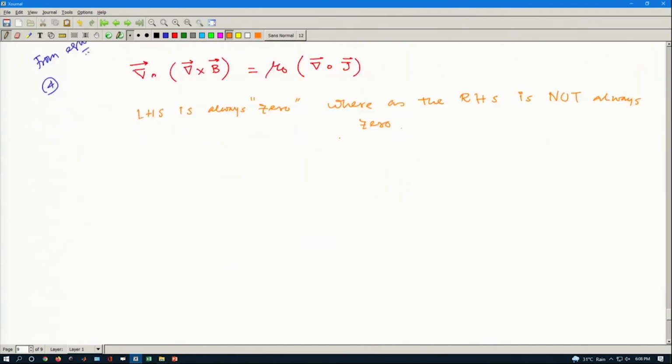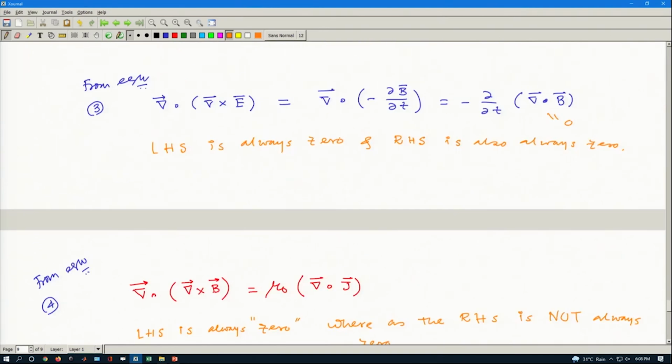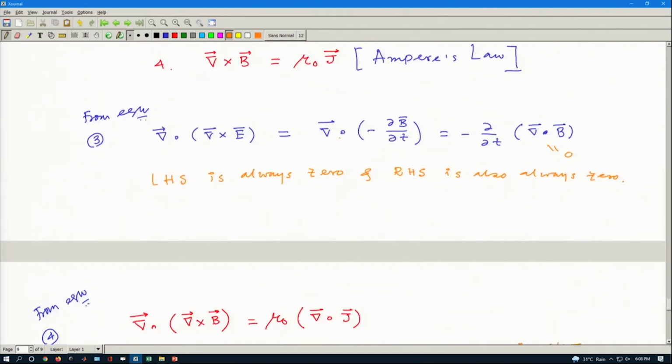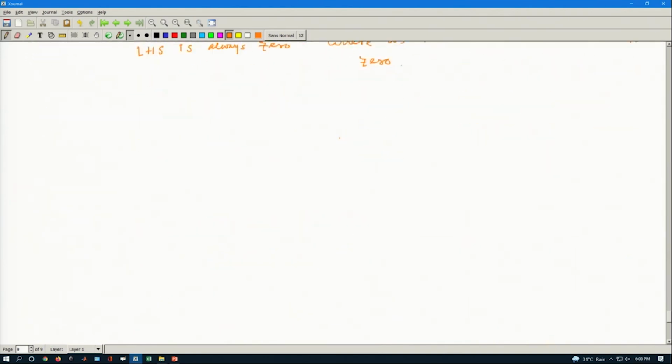So, what is the conclusion here? The conclusion is we need to make a certain modification of equation 4. That is the conclusion we can make at this stage.